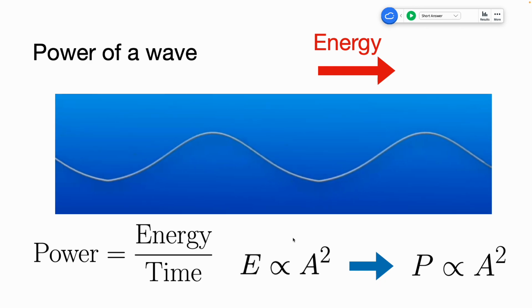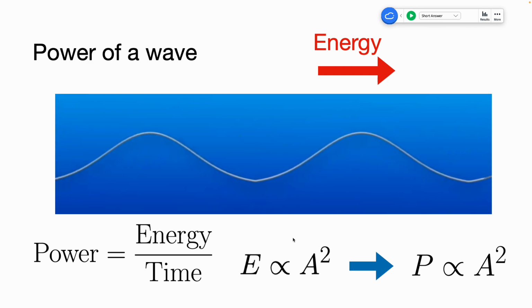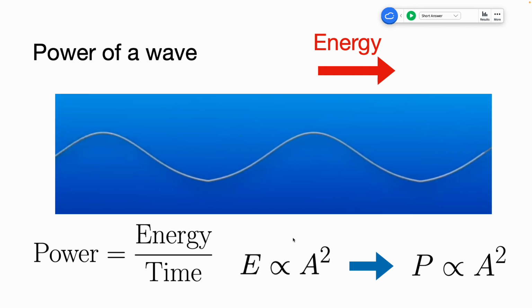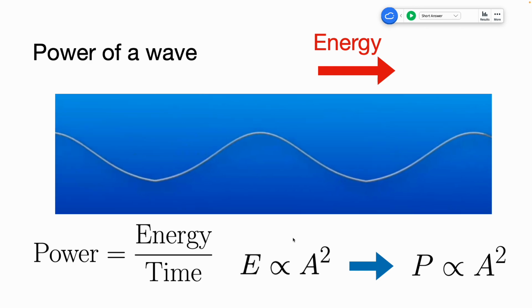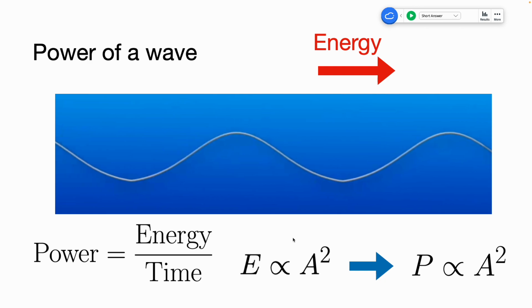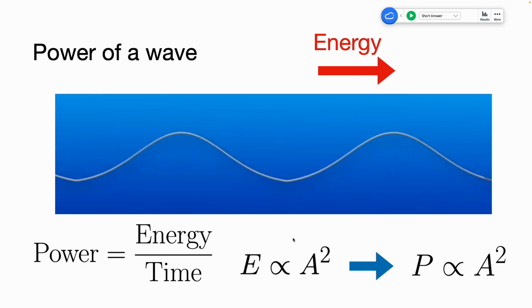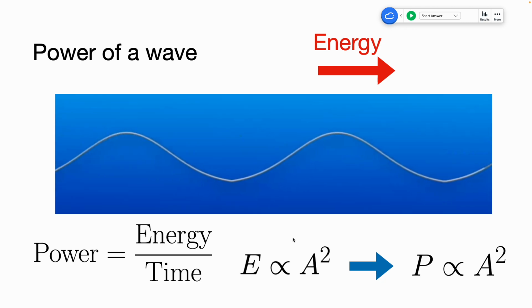It just keeps transporting energy from your left to your right. The total amount of energy transported just grows with the time you wait for the wave to keep going to your right. But if you look at how much energy got transported per unit time, that should just be a finite number. Okay?